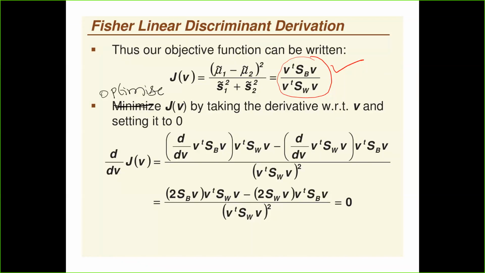If you solve this objective and choose a direction V that maximizes it, then you are done. You'll be identifying a line of maximum separation between the classes and minimum scatter within the classes.